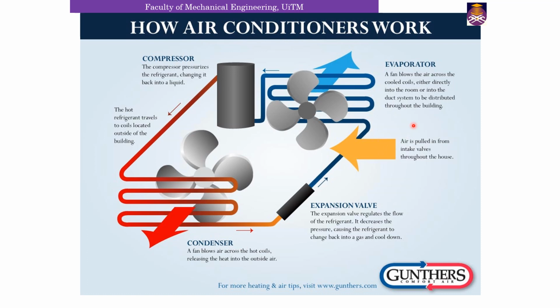So as you see, the refrigeration cycle is the basis of how an air conditioner works. Right? So we have compressor, condenser, expansion valve, and evaporator. And this is where you get the cooled air coming in, and the condenser is the place where you reject the heat from the refrigeration cycle.